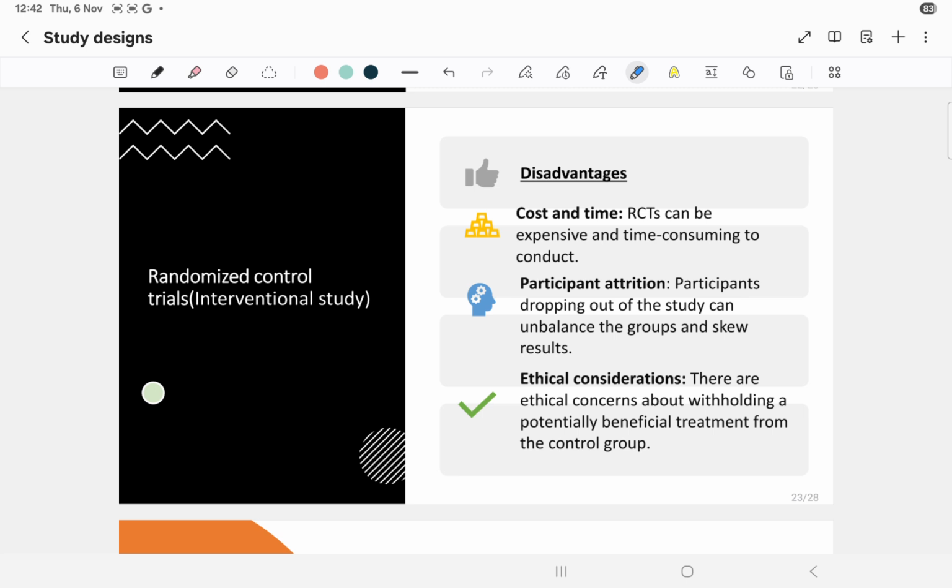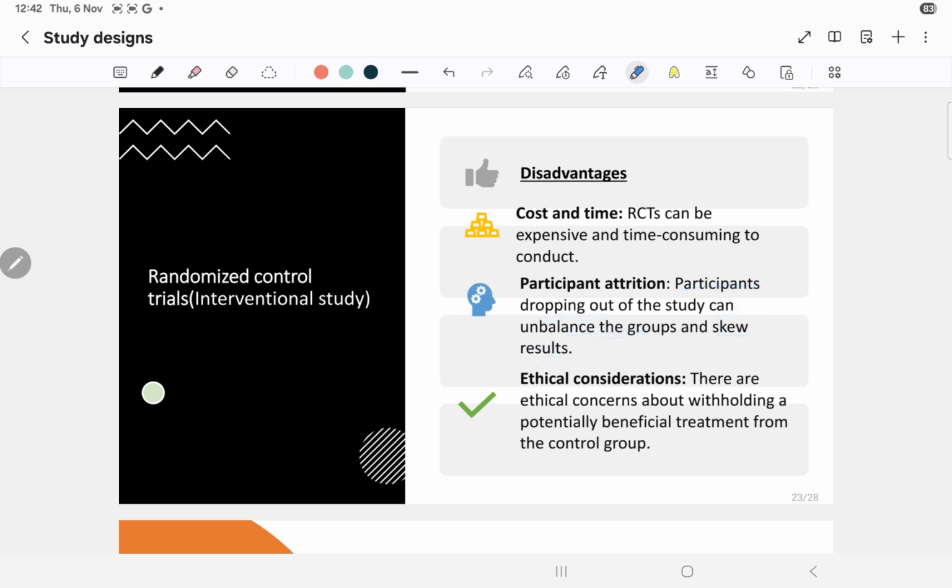So you have to develop the protocol, enroll the patients, compensate the patients, and conduct these trials across the globe, because you want to generate data from various countries so that you can market the drug in various countries. So these are very costly and time consuming, and there is a lot of participant attrition, that is, participants dropping out of the study, and this can unbalance the groups and skew the results.